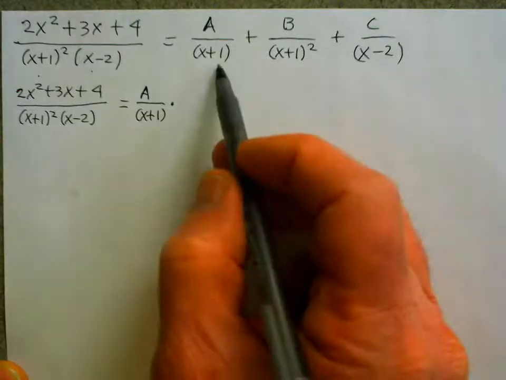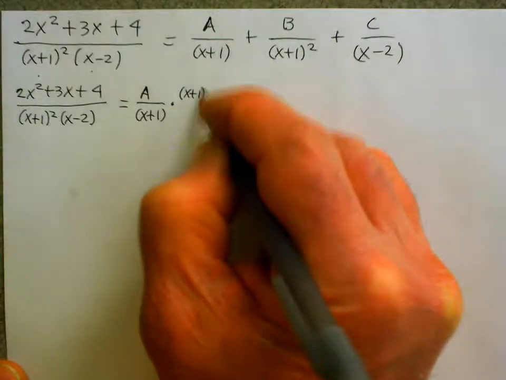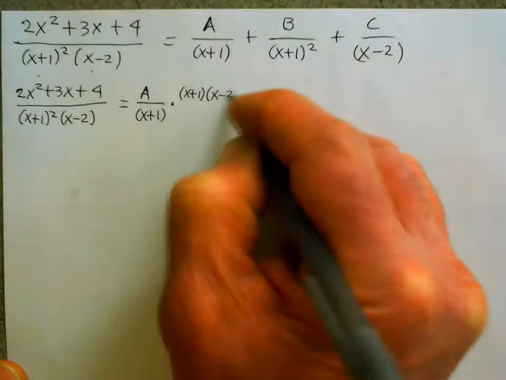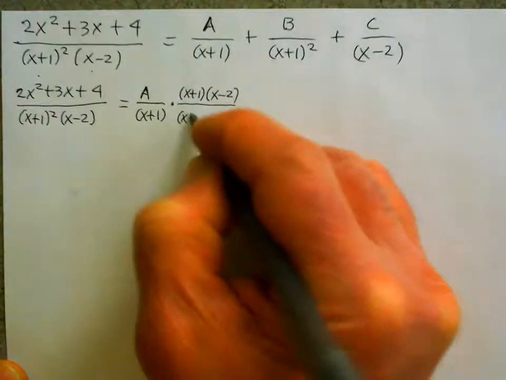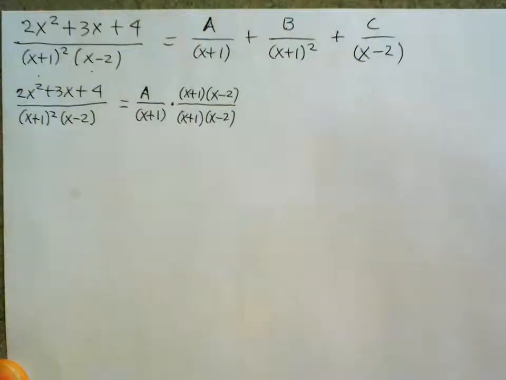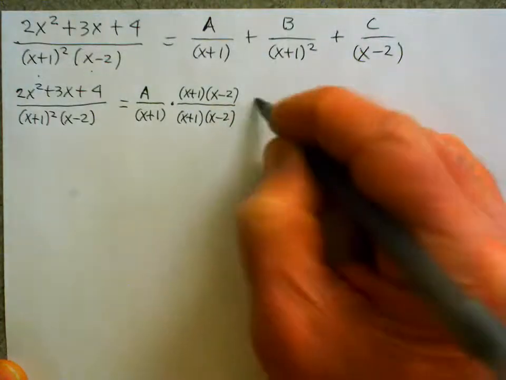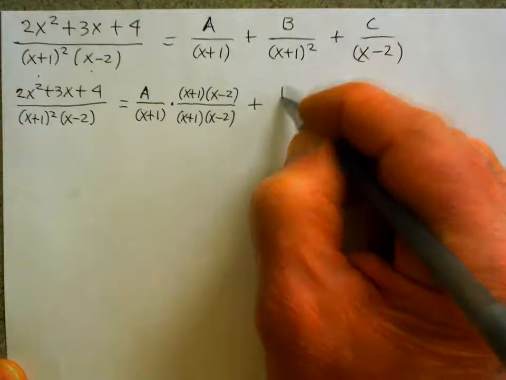So the form 1 takes will be (x plus 1) times (x minus 2) over (x plus 1) times (x minus 2). Okay, then we multiply b over the quantity (x plus 1) squared by 1. What form will 1 take this time?